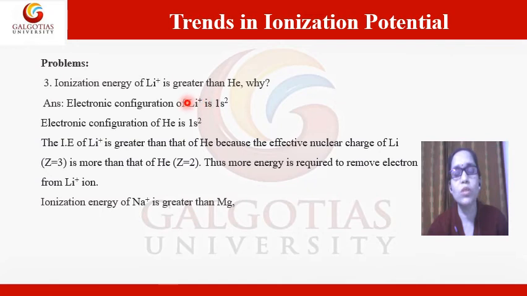When it is converted to lithium plus, the configuration is 1s2, and the electronic configuration of helium is 1s2. So lithium plus and helium have the same electronic configuration, but the ionization energy of lithium plus is higher than helium.